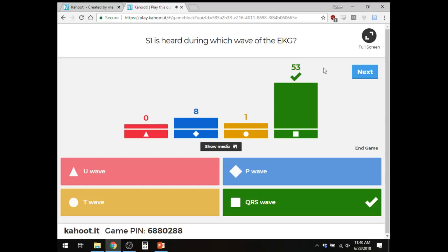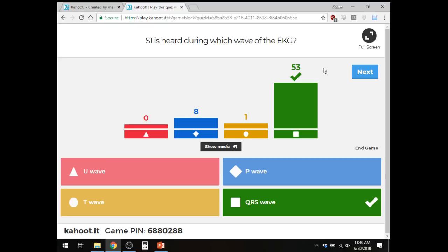QRS, because again, what is the QRS signifying? Ventricular depolarization. So right after that depolarization occurs, what happens? Ventricles contract. Good. So the ventricles contract, so that's known as systole. Good. So systole happens, and what closes? AV valves. Good. And that's S1. Perfect. So during the depolarization, that's when you're going to have the QRS complex. That's when you're going to have S1 occur.